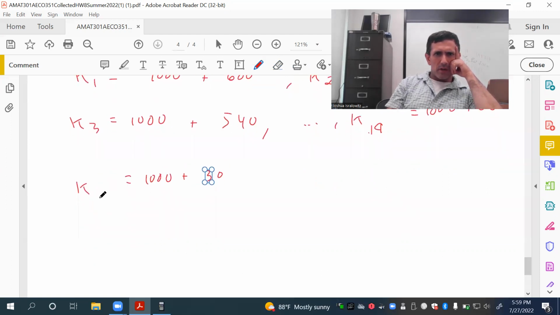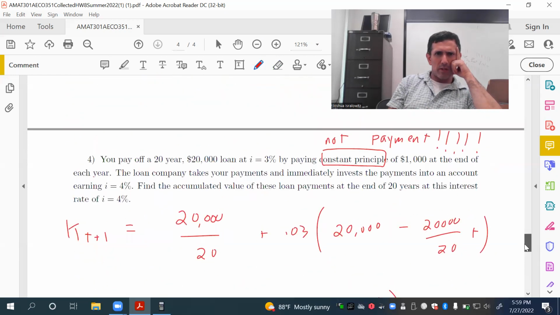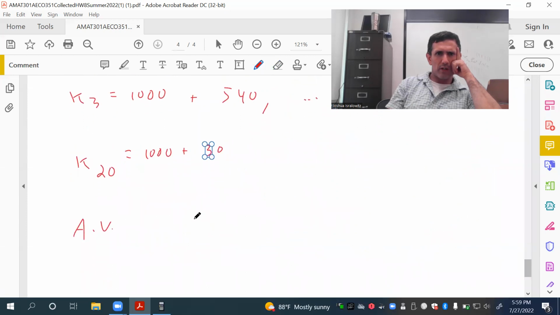Okay, so right. So it's the accumulated value. So these payments are deposited into an account earning 4% interest. Okay. Find the accumulated value. So it's 1,000 S20 at 4% plus 30 DS 20 at 4%.